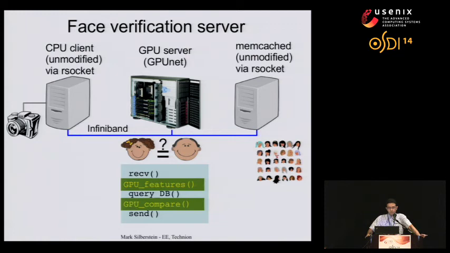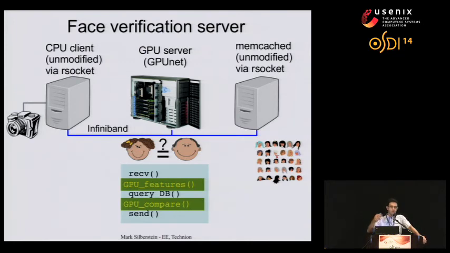The system is built out of 4 machines. 2 of them are unmodified CPU clients that connect to GPUs through our socket library. Another is memcached, which is also unmodified and uses our socket library to get requests over InfiniBand. For the GPU server, we implemented 3 versions.